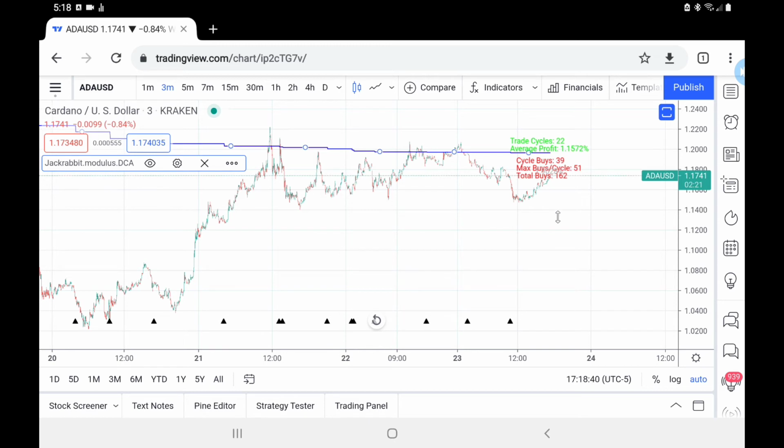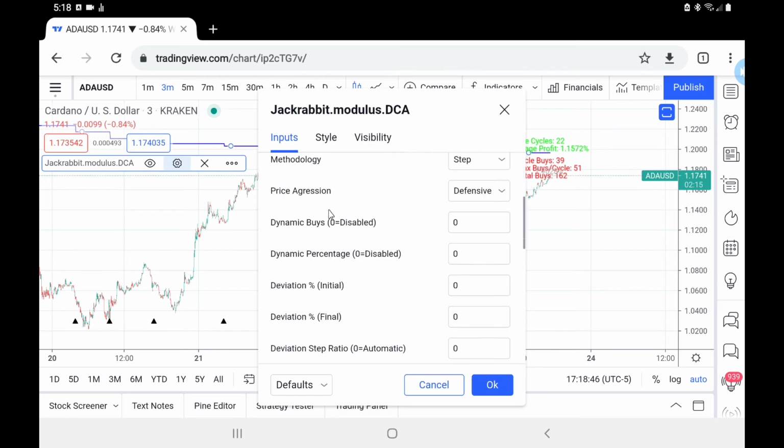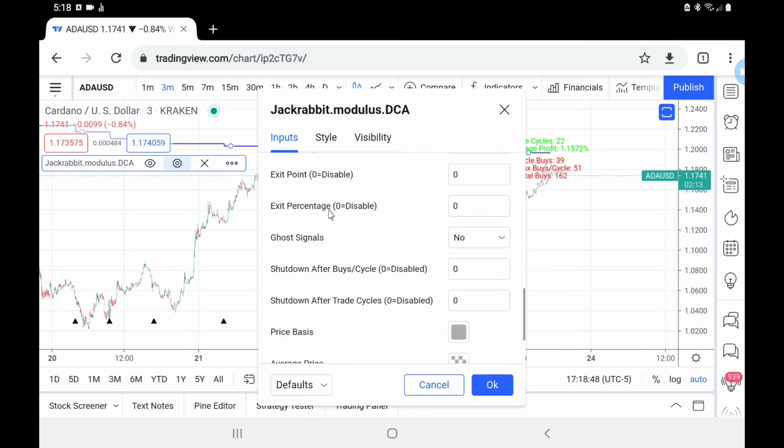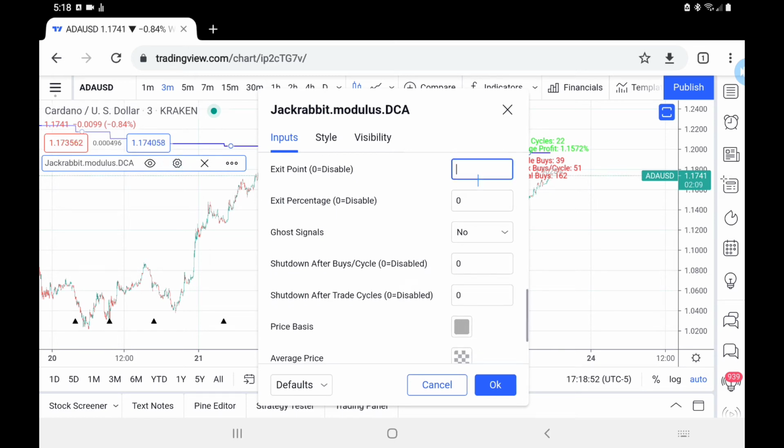51 maximum positions. Now let's see what happens if we introduce an exit breaker to bring this under control. Let's go. I'm going to go with a $300 budget, 11 positions. Let's go with 25 positions.